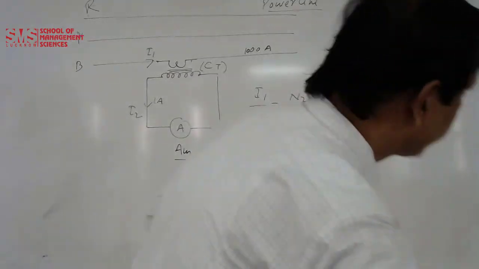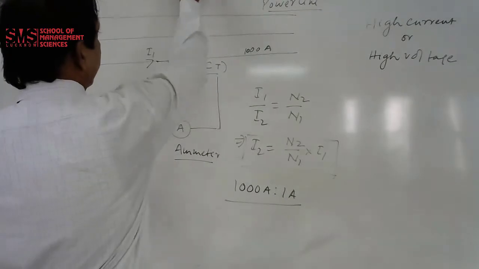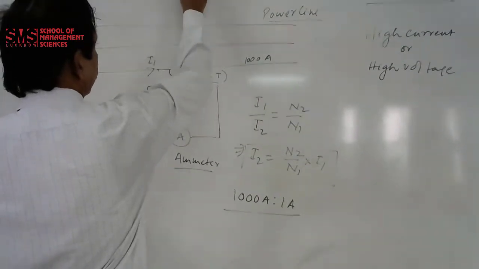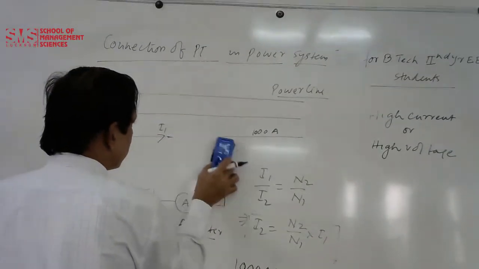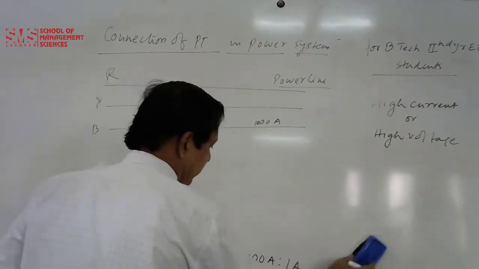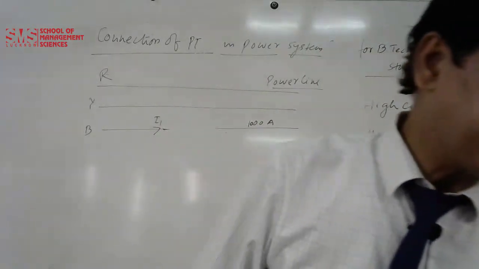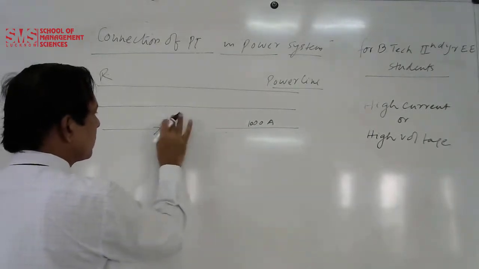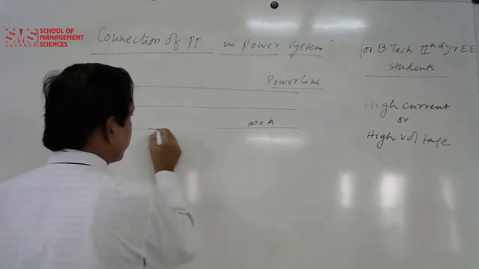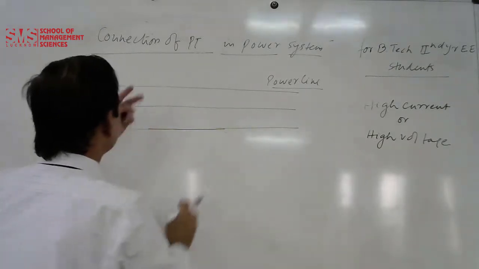Now it's time to see how the potential transformer is connected in a power line. As I told you, the current transformer is connected in series with the power line. So it is sometimes also called the series transformer.